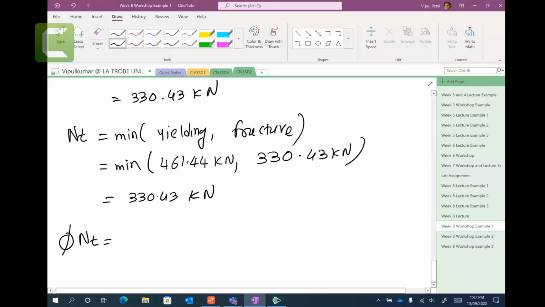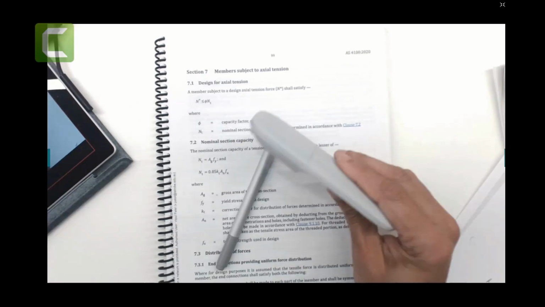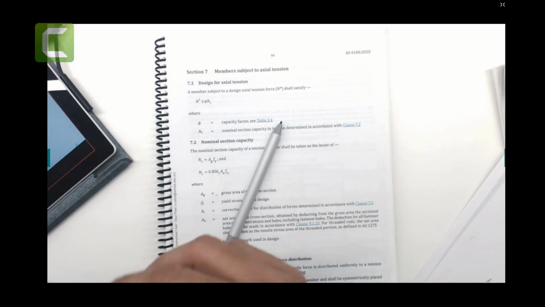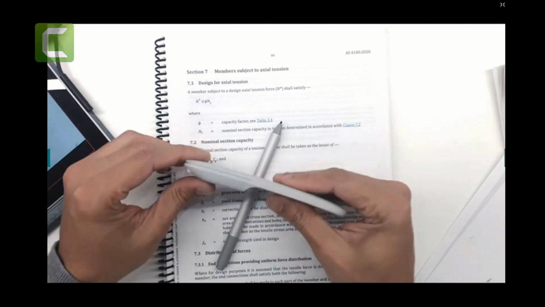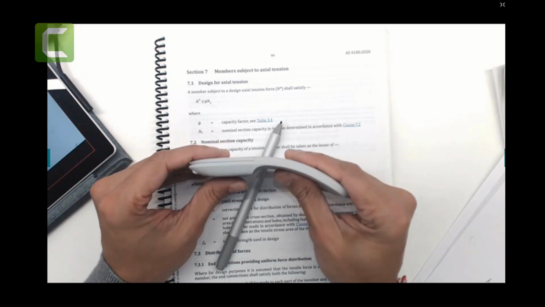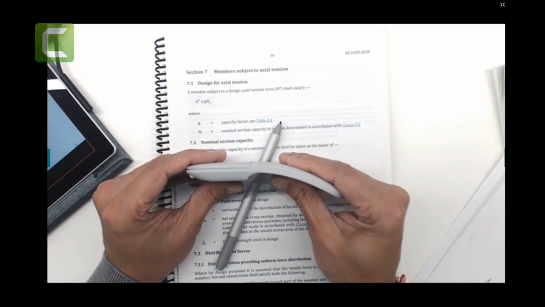Yesterday I told you, when you bring members to site, they are not straight. Let's say you assume this one is straight, but if you move it from one place to another by truck, let's say Sydney to Melbourne, it might get some kind of global behavior, global imperfections.